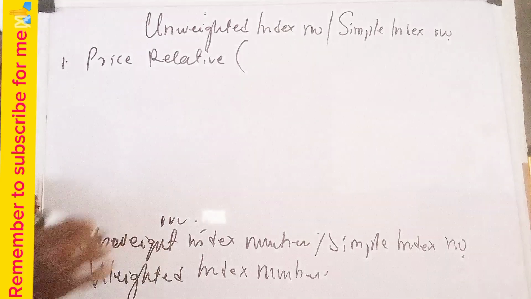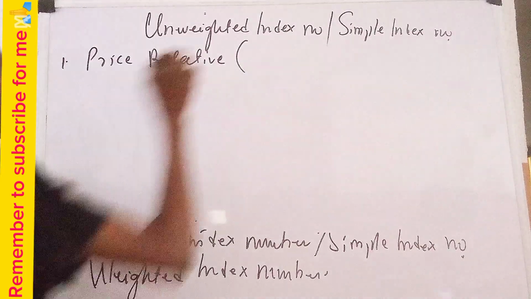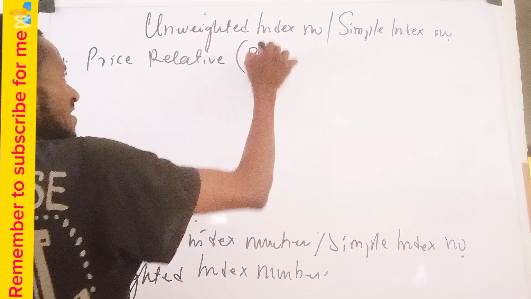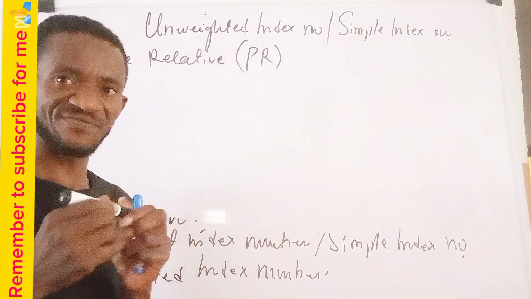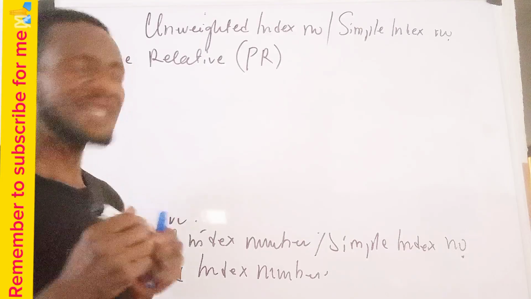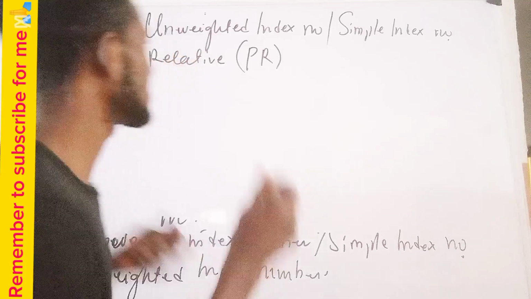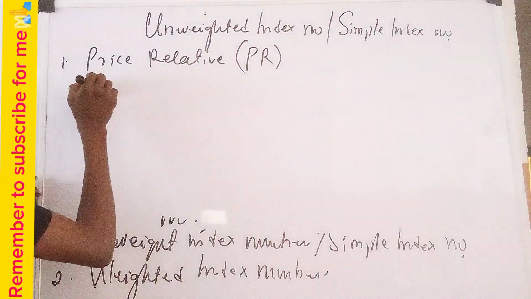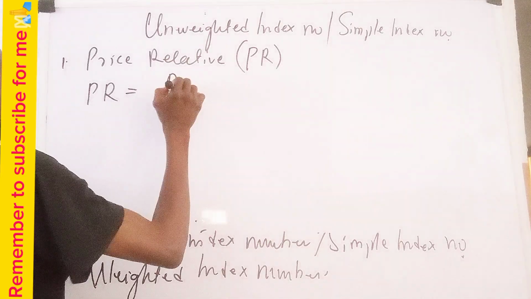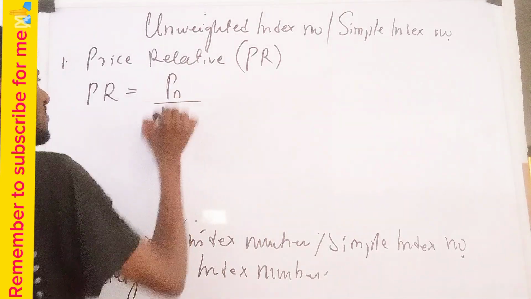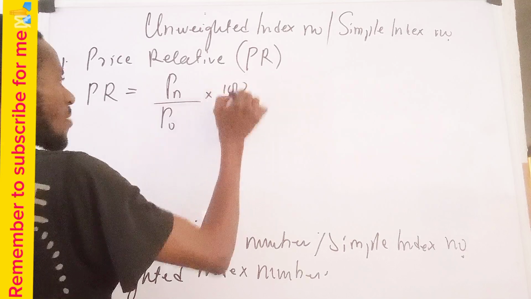The abbreviation you usually see in a textbook is PR. The mathematical expression for the price relative is given as P subscript n over P subscript 0, multiplied by 100 over 1.